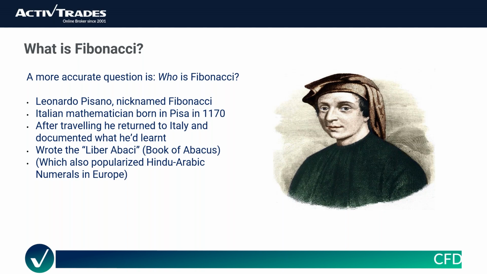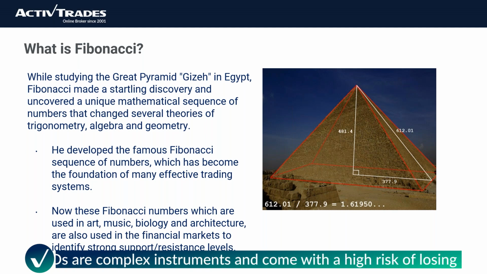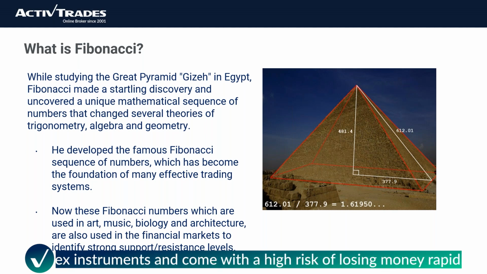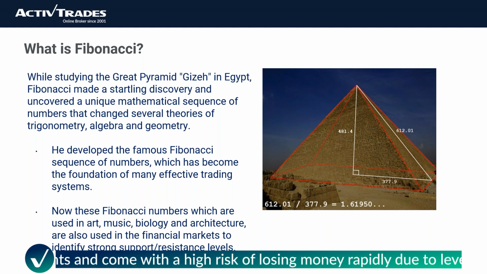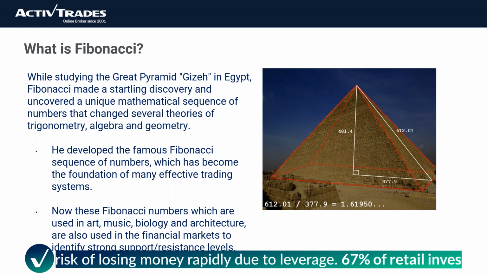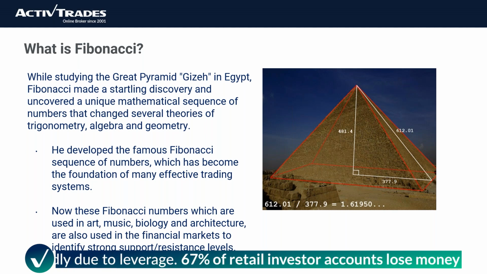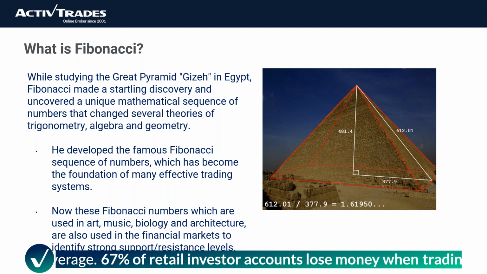So he was a real live Italian gentleman, and what he started to understand was that he was studying the Great Pyramid of Giza in Egypt, and he made a discovery that uncovered a unique mathematical sequence of numbers that changed several theories of trigonometry, algebra, and geometry.